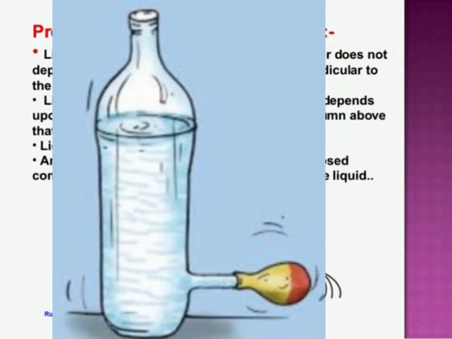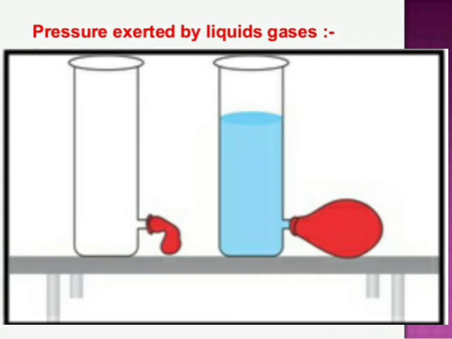Fix a cylindrical glass tube a few centimeters long near its bottom as shown in the figure. Make sure that the water does not leak from the joint. Cover the mouth of the glass tube with a thin rubber sheet. Now fill the bottle up to half with water. What will you observe? You will observe that the rubber sheet fixed to the glass tube bulges out.